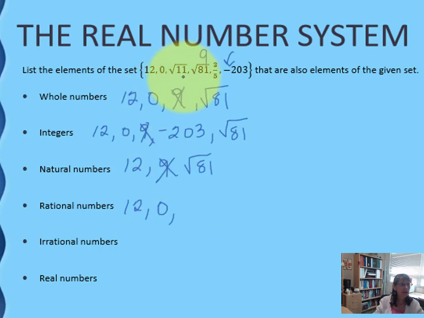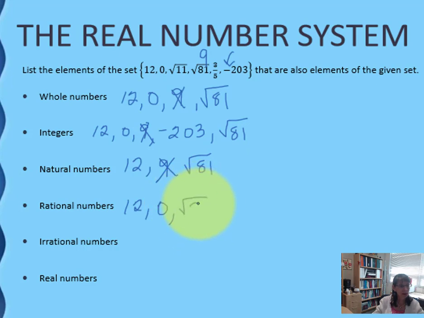Square root of 11 is not included because really we're just looking back at our list of integers. And since square root of 11 wasn't included there, it can't be included with our rational numbers. Square root of 81 was included with the integers because that simplifies as 9. 9 can be divided by 1.